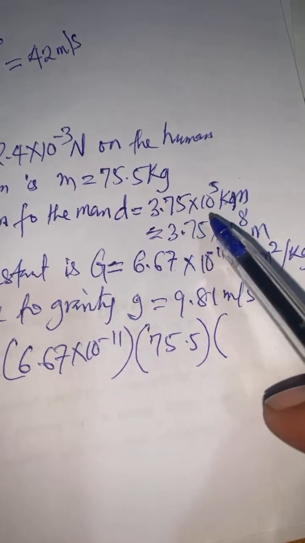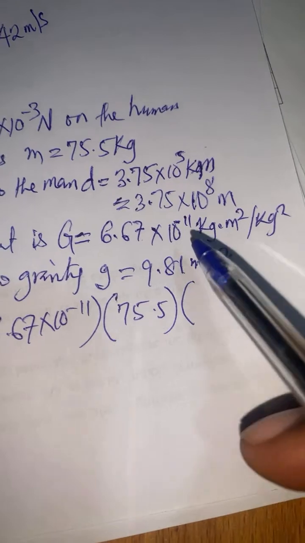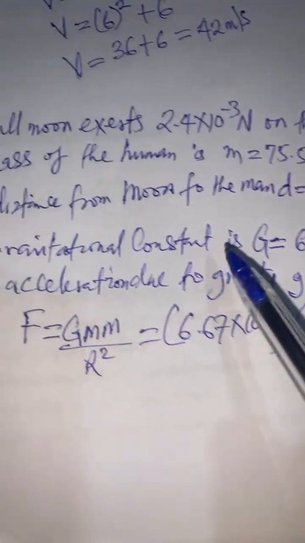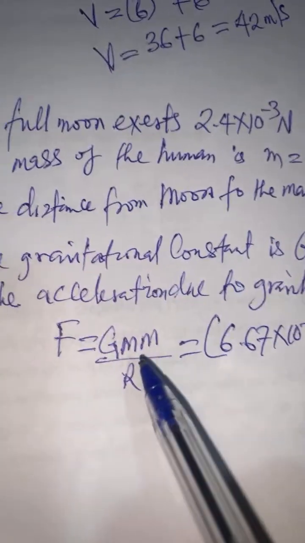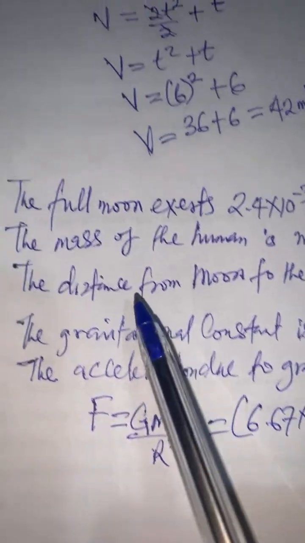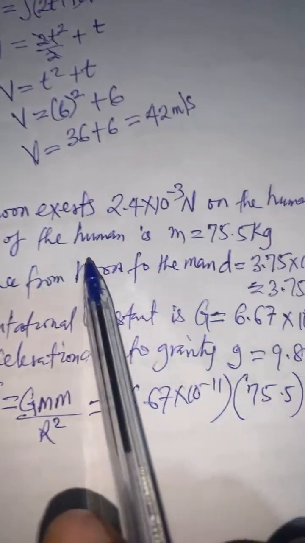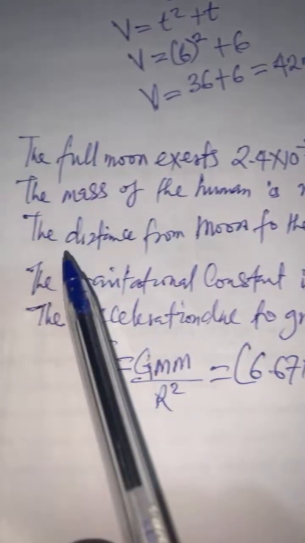where is that value? The mass we have on the moon, the full moon exerts 2.7 Newton on the human, and the mass of the human is 75. We've written this.